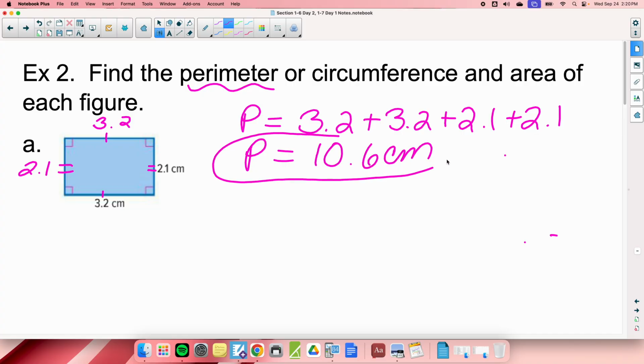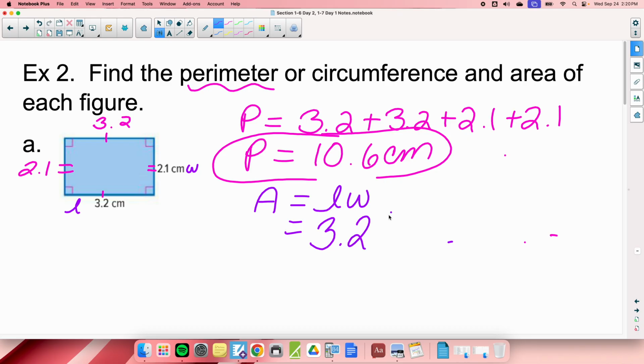Then what we need to do is find our area. And the area of this is base times height. Or nope, not base times height, sorry, it's length times width. So this is our length, this is our width, and we multiply them. So we would go 3.2 times 2.1.